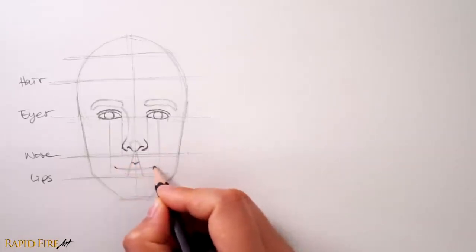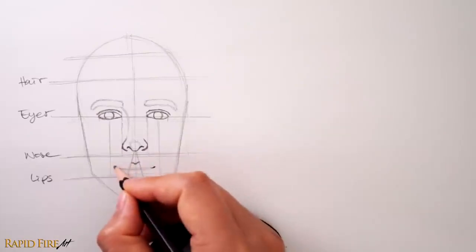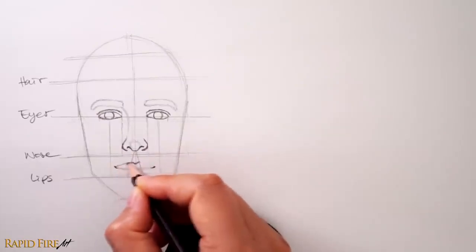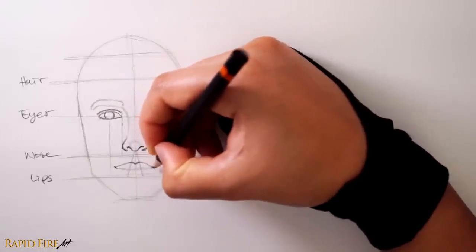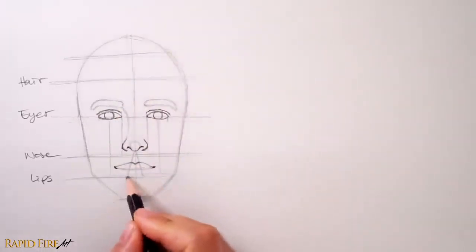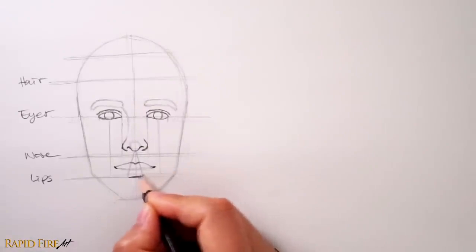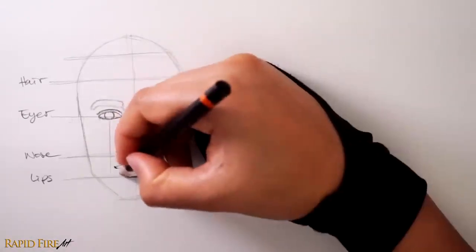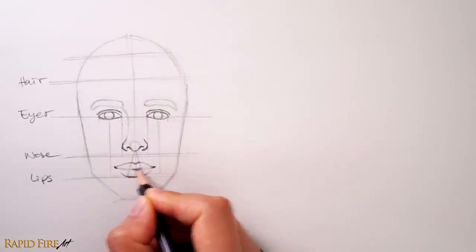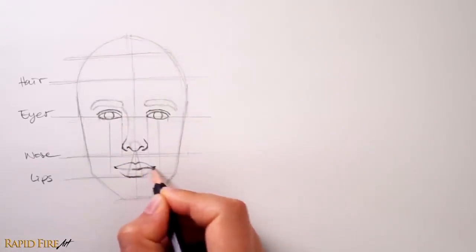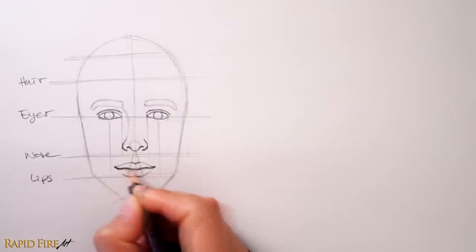Define the corners of the mouth, and then connect them to the Cupid's bow to form the top lip. At the triangle's base, draw the bottom lip. Finally, define the opening of the mouth by drawing a wavy line starting in the middle of the triangle.